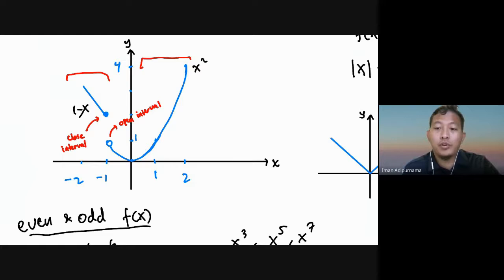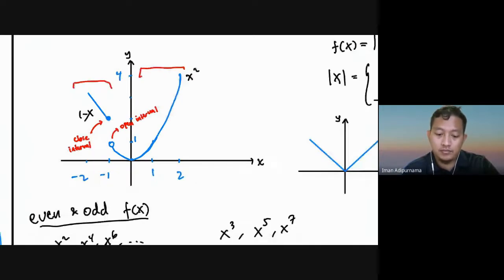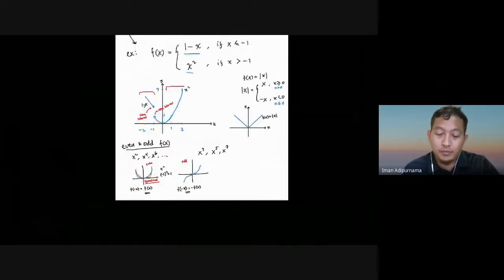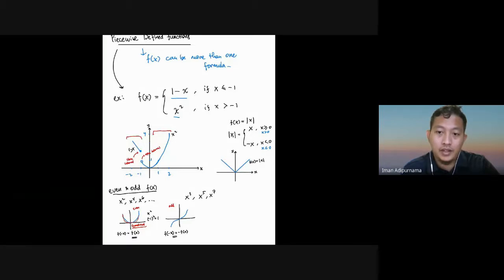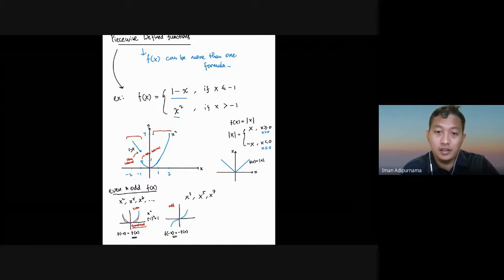You can have 2, 3, 4 pieces. It's up to you. Actually, you can make up any random function by yourself, as long as you check with the vertical line and it is okay, then that's a function.